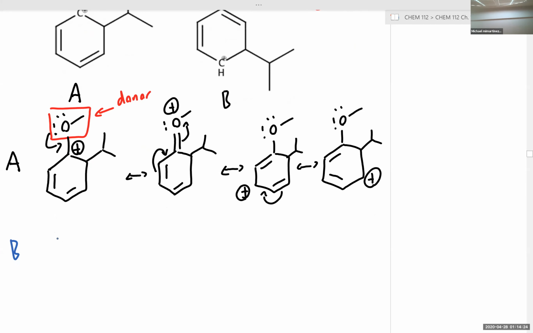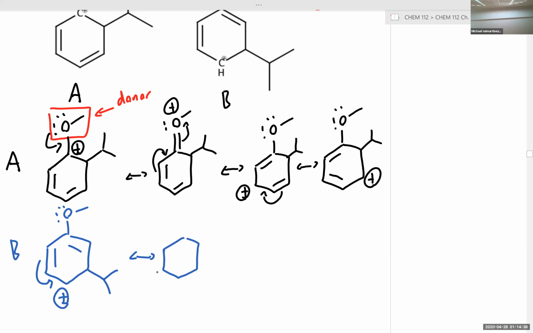So let's draw all of the resonance forms for structure B. Okay, so we kick our lone pair to stabilize our carbocation. Well, more correctly, delocalize our carbocation. Okay, one more resonance structure.